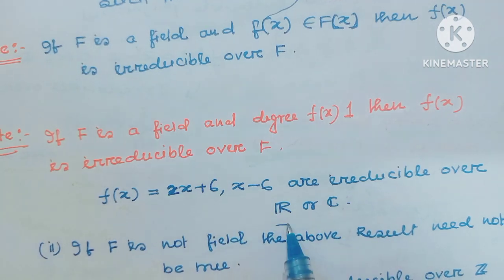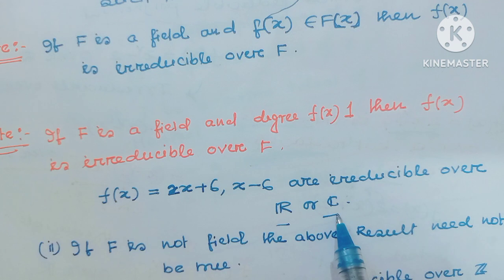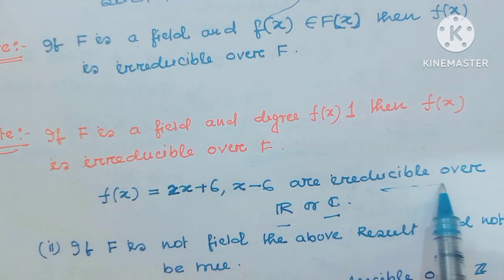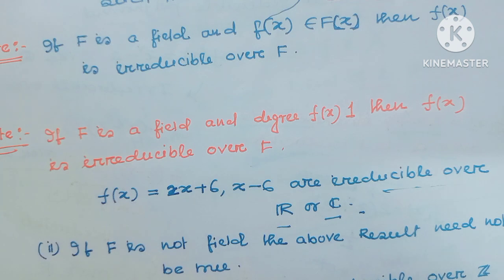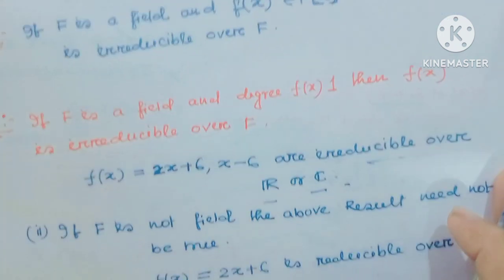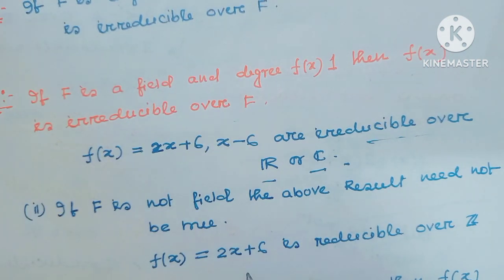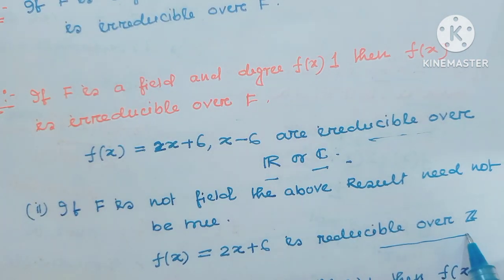So since R or C are fields, f(x) are irreducible over R or C. But if F is not a field, then the above result need not be true. f(x) equal to 2x plus 6 is reducible over Z.